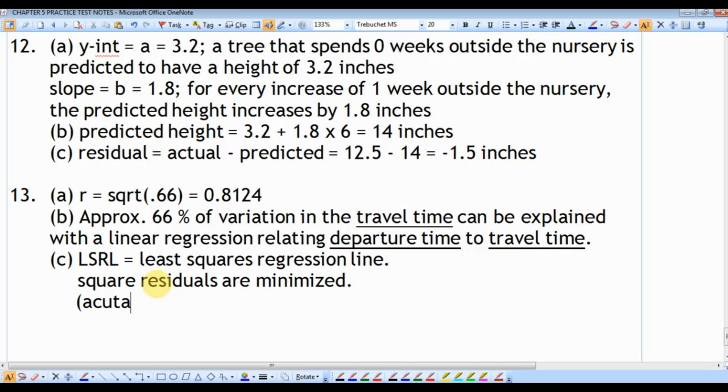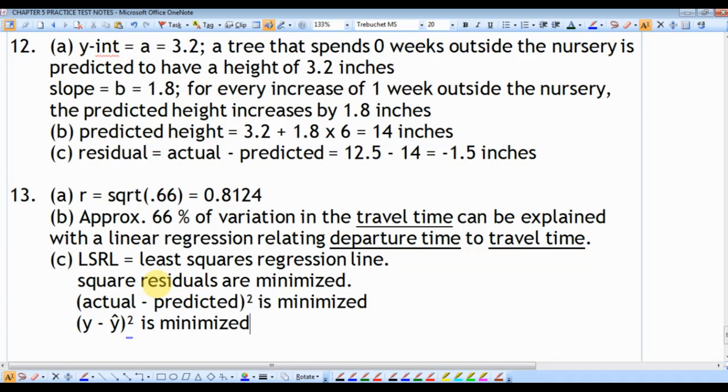Actual minus predicted, squared, is minimized. Which is the same thing as saying y minus y hat, squared, is minimized. All of that means the same thing.